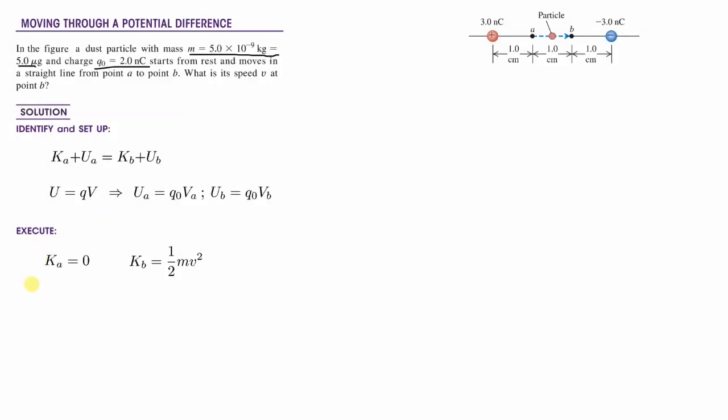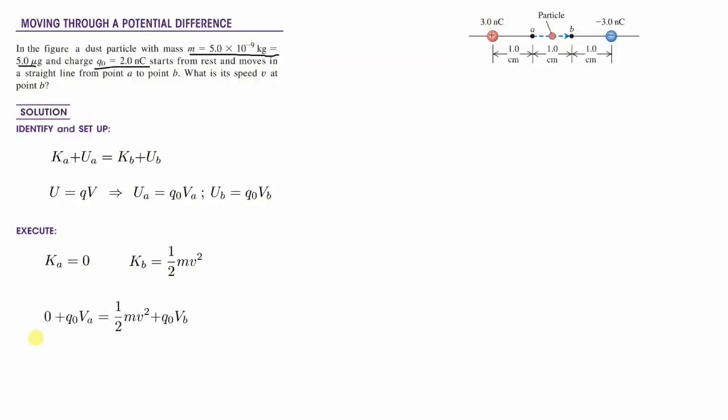So now to put all this into play, our kinetic energies should be somewhat obvious. At point A, the particle starts at rest, so we have 0 kinetic energy at point A. And then at point B, we have some speed, and that's the speed we're looking for. So we're going to have kinetic energy of 1/2 mv squared.